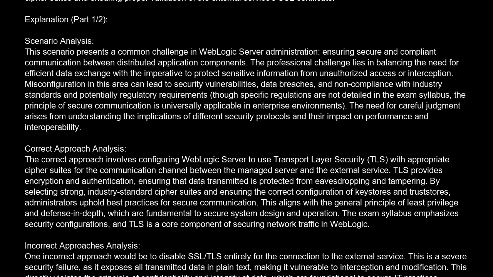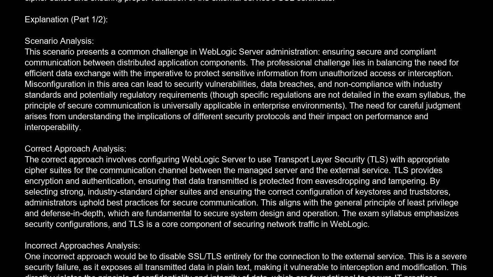Explanation: Scenario analysis. This scenario presents a common challenge in WebLogic server administration, ensuring secure and compliant communication between distributed application components. The professional challenge lies in balancing the need for efficient data exchange with the imperative to protect sensitive information from unauthorized access or interception.